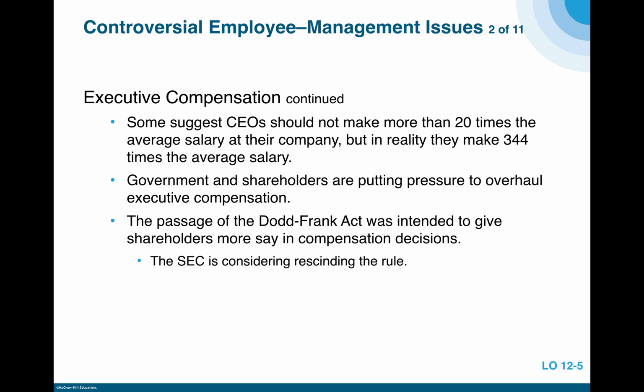So some people suggest that CEOs should not make more than 20 times the average salary of their company, but in reality, they make 344 times the average salary. Government and shareholders are putting pressure to overhaul executive compensation. The passage of the Dodd-Frank Act was intended to give shareholders more say in compensation decisions, and then the SEC is considering rescinding the rule.